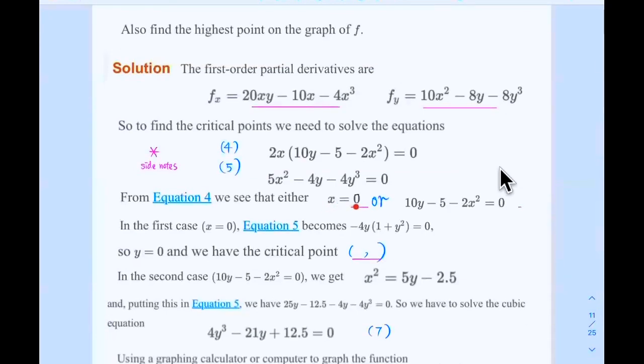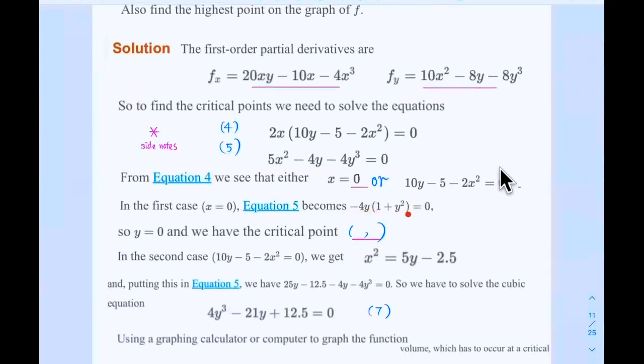Now, in the case that x equals 0, we're going to put x to be 0 in this equation, and what we're going to end up with is negative 4y minus 4y cubed equal to 0. And you can take out this common factor negative 4y. You get this equal to 0. For this to equal 0, can 1 plus y squared equal to 0? Never, right?